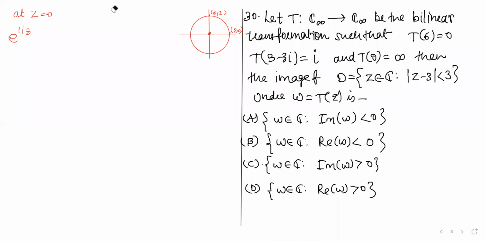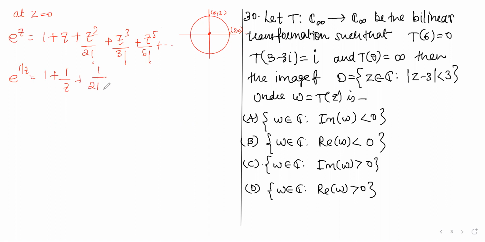We know the series for e^z is 1 plus z plus z squared over 2 factorial plus z cubed over 3 factorial and so on. So for e^(1/z), that will give me 1 plus 1/z plus 1/(2 factorial z squared) plus 1/(3 factorial z cubed) and so on.